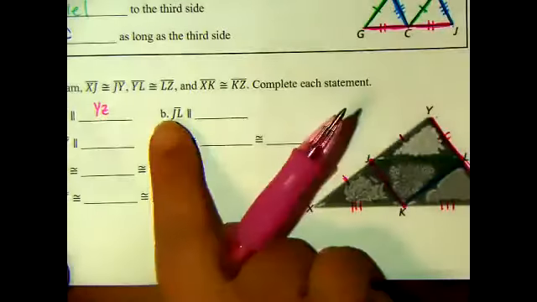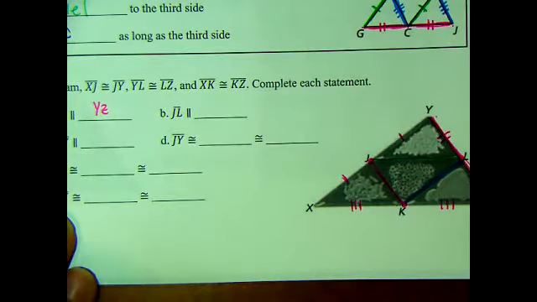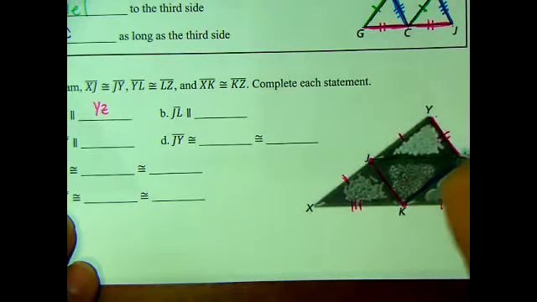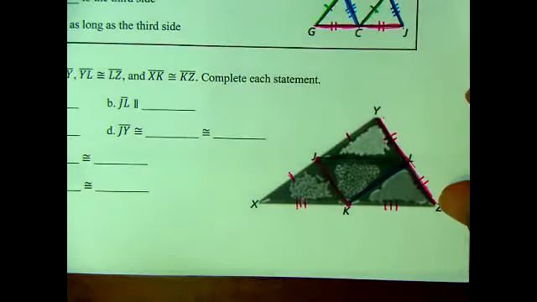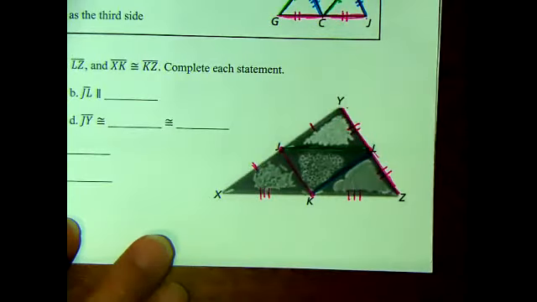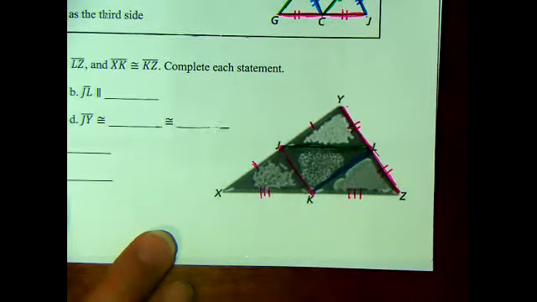What about JL? Let's take a look at JL. Here's JL, right? What is that letter in the far right corner of the triangle? That's Z. Got it. Thank you. So we have JL right here. What's the third side to JL?